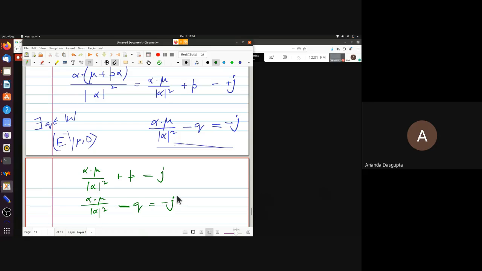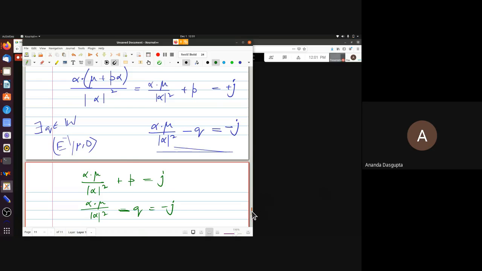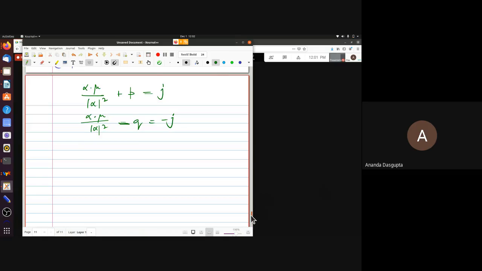Of course, for a given weight or a given root, this p and q may differ. If you change alpha or mu, p and q will change, but no matter what alpha and mu you take, there will be some non-negative integers p and q such that this always works.